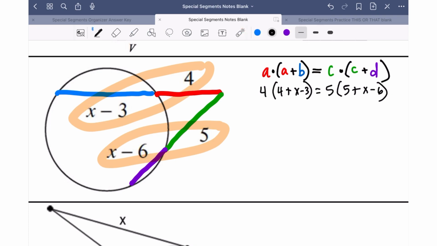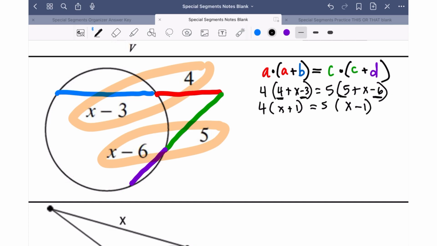All right, let's solve. Before I distribute the 4 here, let's simplify whatever is inside this parentheses. So I can only combine the 4 and the negative 3, which gives me positive 1, right? And then in the other parentheses, 5 minus 6. You have $5, you spent 6, you are negative 1 in the bank.